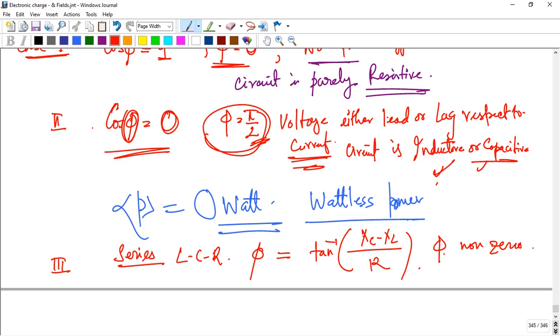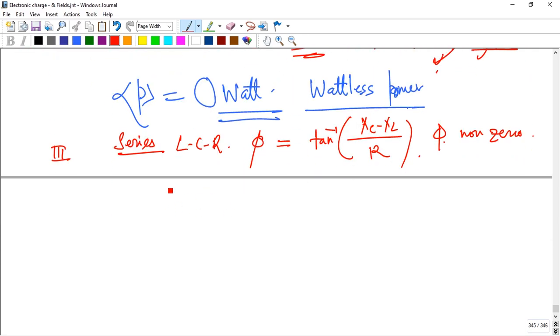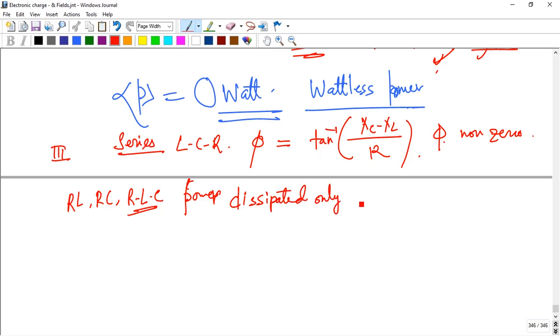Such power is dissipated only in the resistor at that point. So the circuit looks like an RL, RC or RLC circuit, and the power is dissipated only in the resistor.